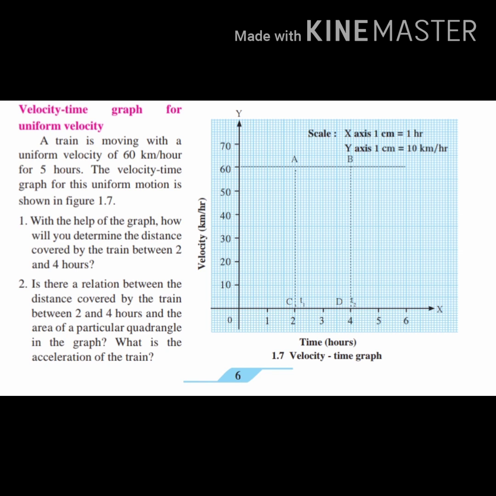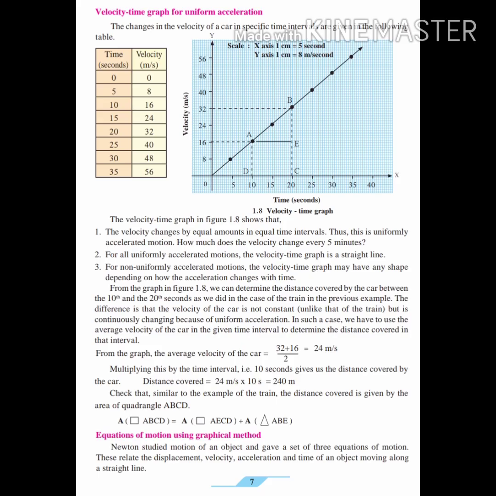So I have told you how to calculate the distance from this graph, and also why it will not show any acceleration, because the velocity is maintained at just one value, that is 60 km per hour.